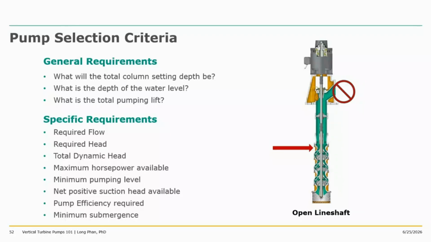We'll show how to calculate the total dynamic head in the next slide. Some other requirements such as the horsepower available, the pumping level, the net positive suction head (NPSH), the pump efficiency required, and finally the minimum submergence required to avoid vortices into the pump bowl assemblies.